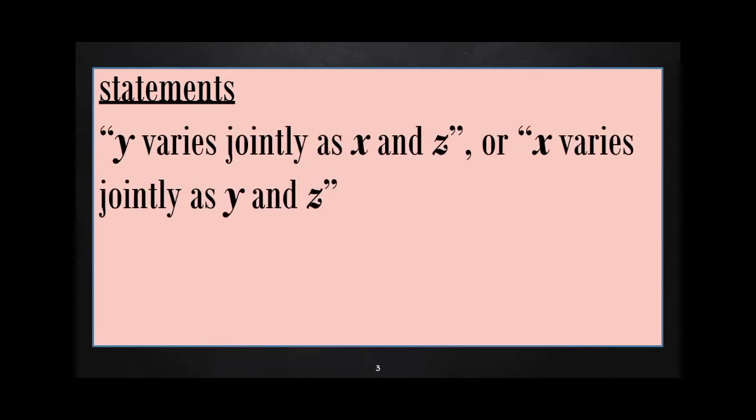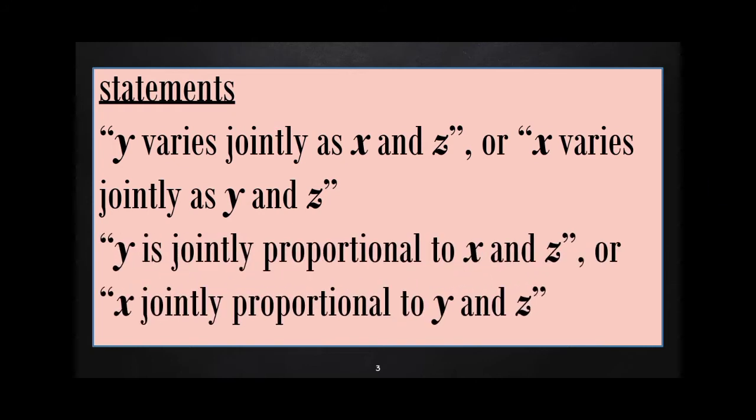First is y varies jointly as x and z, or x varies jointly as y and z. Second is y is jointly proportional to x and z, or x jointly proportional to y and z.